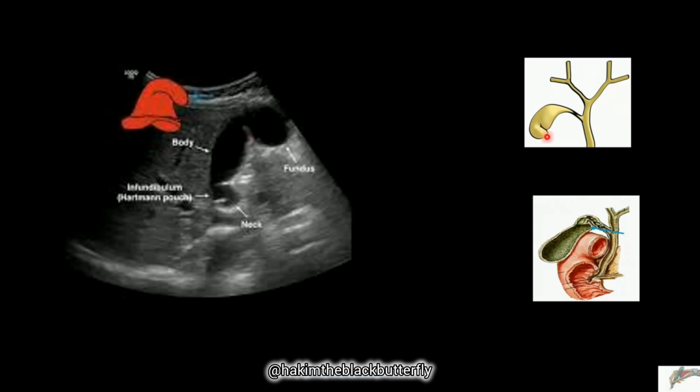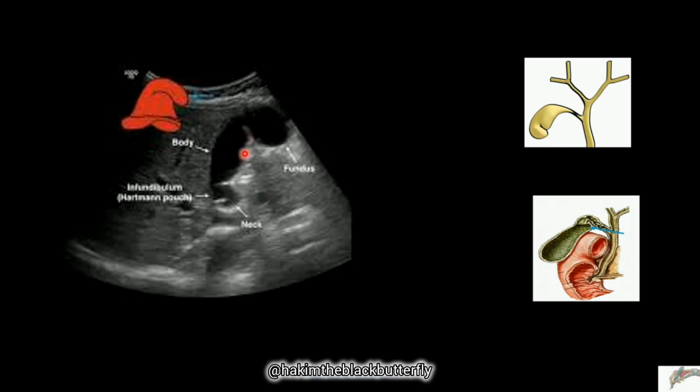Those variations are going to increase chances of stones to form or to be dislodged within the gallbladder. Someone has a Hartmann's pouch. It's a pocket where a stone can dislodge. Okay. Someone has a Phrygian cap gallbladder. Also, the chances of stones to form are going to be high.